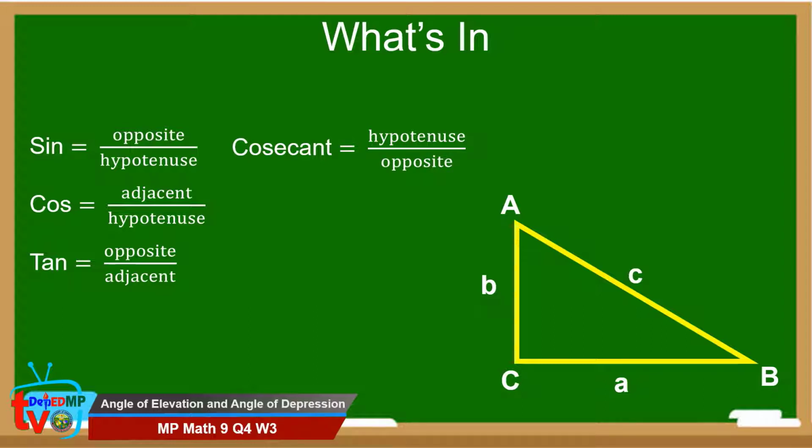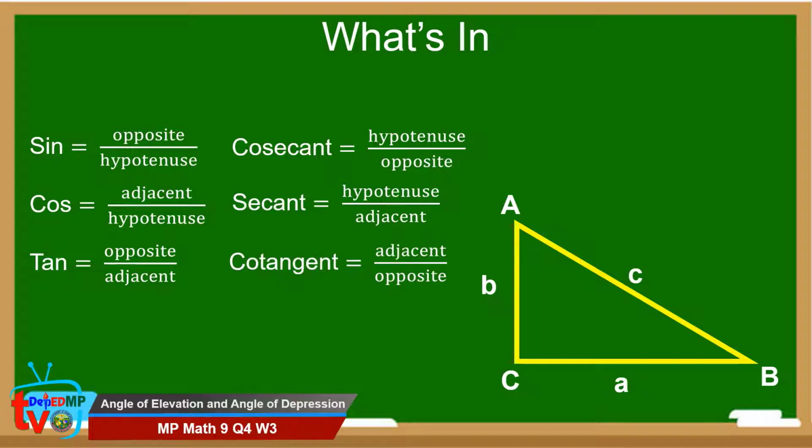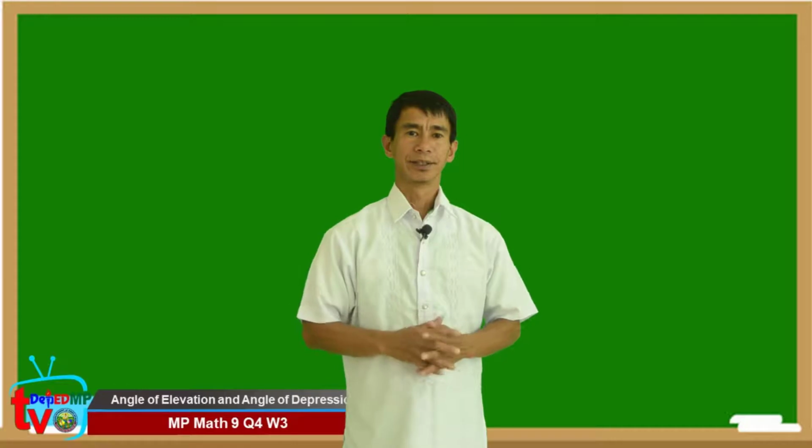Then, secant is equal to hypotenuse over adjacent side. And lastly, cotangent is equal to adjacent side over opposite side.